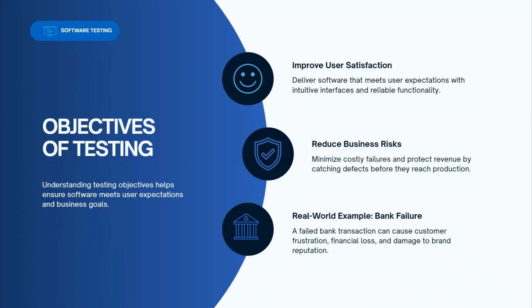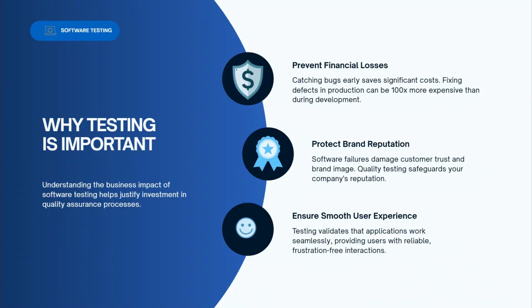Okay. Then comes manual testing. Manual testing is a type of software testing where testers execute test cases manually without any code. Okay, without any coding knowledge or without any automation tools, they will do the testing manually. That is manual testing.